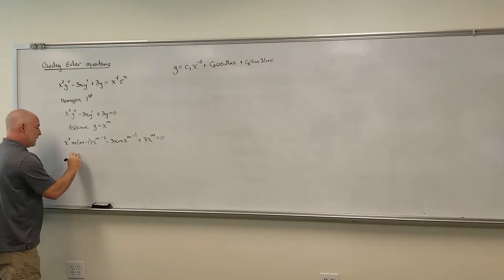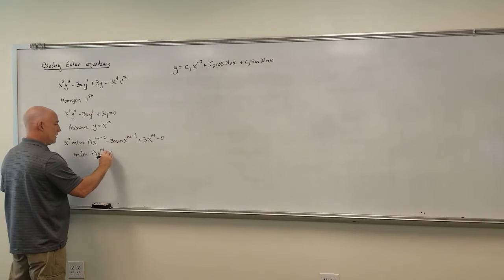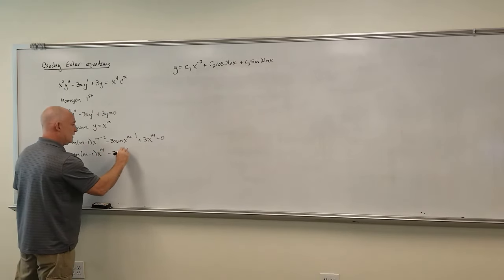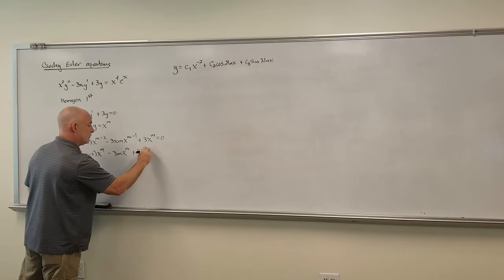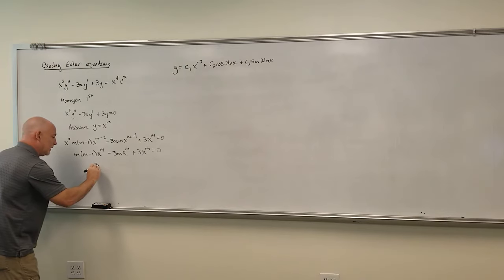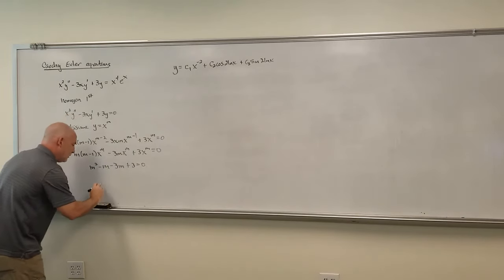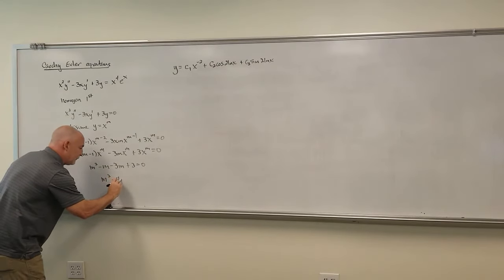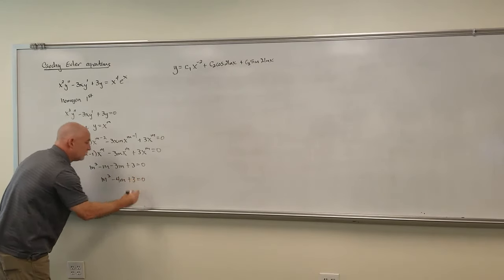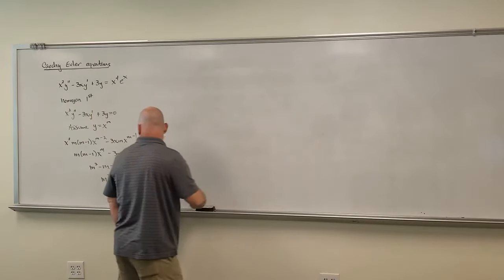Now we get m times m minus 1, x to the m, minus 3m x to the m plus 3x to the m is equal to 0. We can factor that out, and I'm going to distribute here a little bit. We get m squared minus m minus 3m plus 3, or m squared minus 4m plus 3 is equal to 0.